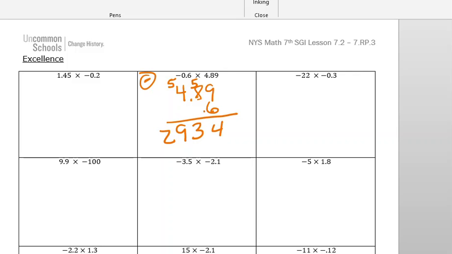And I cannot forget that I have these 3 decimal points. 1, 2, 3. And so I bring it in 1, 2, 3. I have my decimal here. My answer is 2.934. Take a minute to make sure you have that. The key here is remembering that you bring your decimal points over in the answer as many times as you do in your problem.